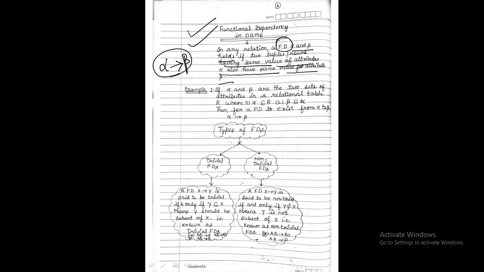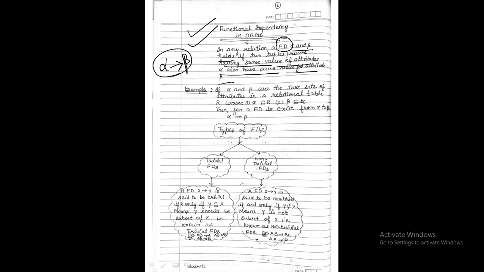If alpha and beta are two sets of attributes in a relational table R, where alpha is a subset of R and beta is a subset of R, then we can say that a functional dependency exists from alpha to beta. Alpha implies beta.